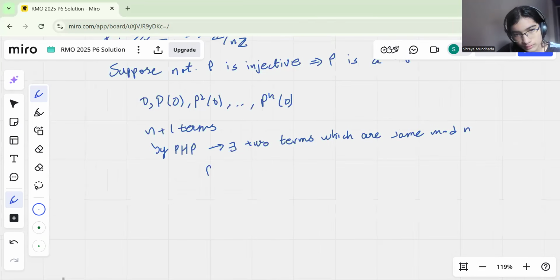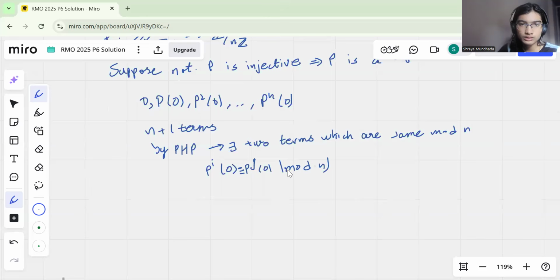And now say those are p to the i of 0 and p to the j of 0. Consider the minimal such terms. These are congruent mod n, we know that.